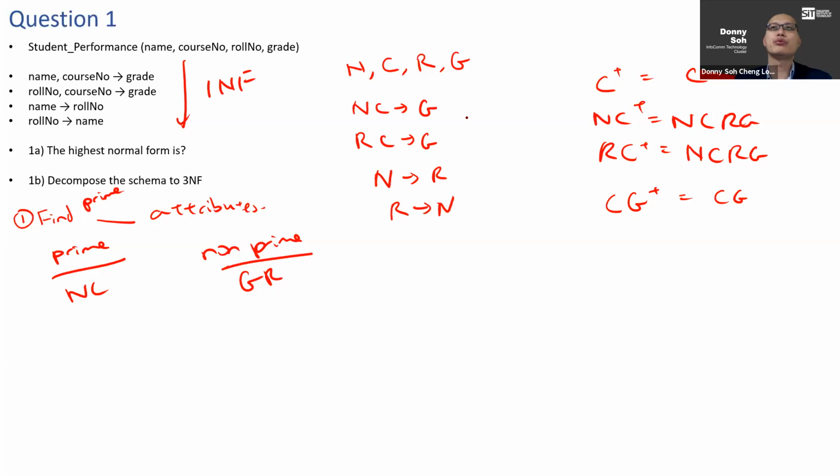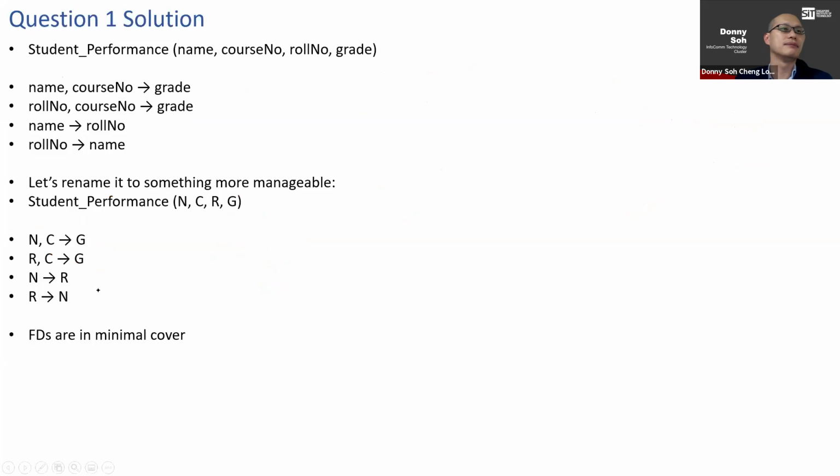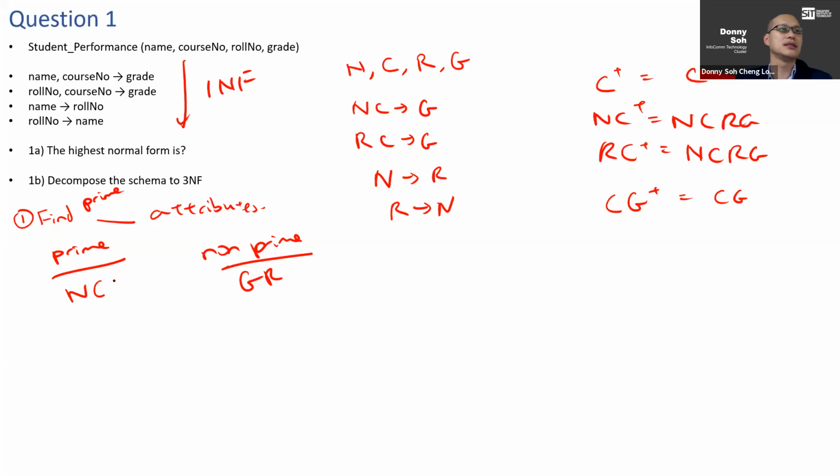Okay, so the prime is N, C, and R. My non-prime is only G. Okay, so let's look at this.